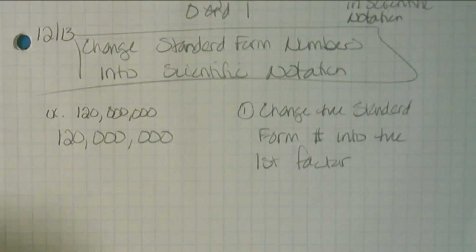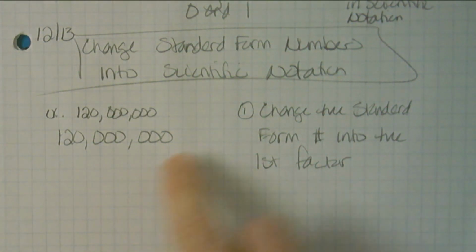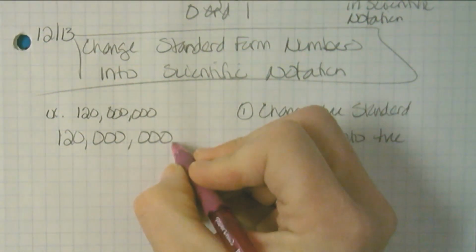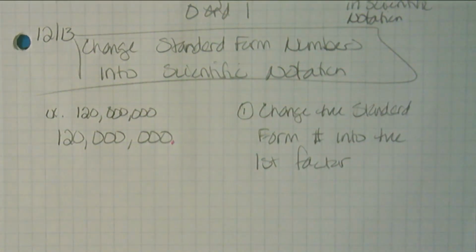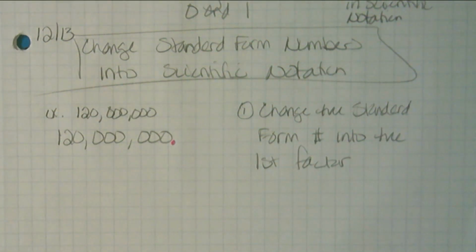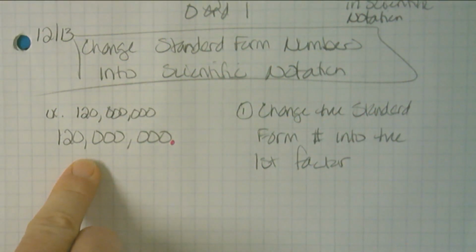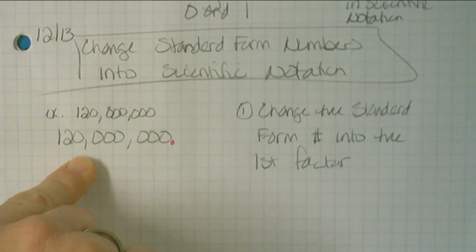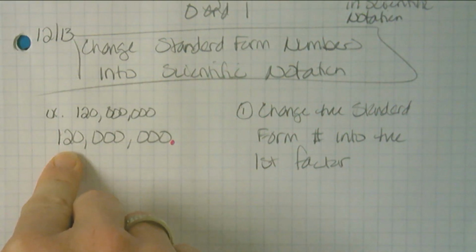For this to be our first factor, and written properly, where does the decimal need to be? Right now, our decimal's at the very end. So this is my current location for my decimal. For me to turn this number into our first factor, where does our decimal need to be?